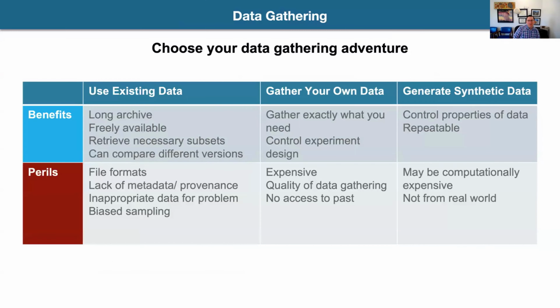So from there, once we have our problem set in mind of what we want to do with our AI model, we need to gather data for it. There are usually some different paths you can take. Each of them has its own issues. One is using existing data. If you have a long archive of existing data that's already freely available, this is often the path people start with.